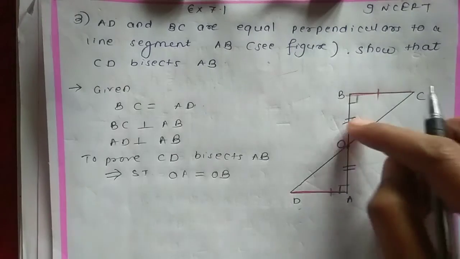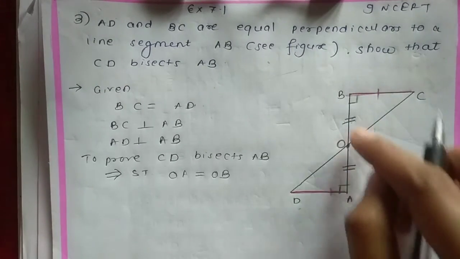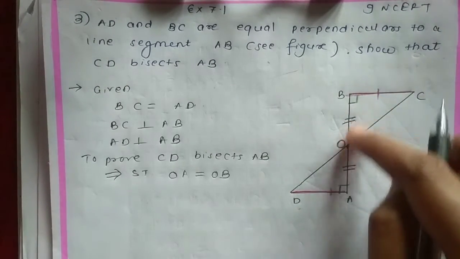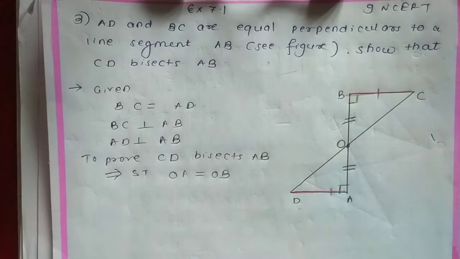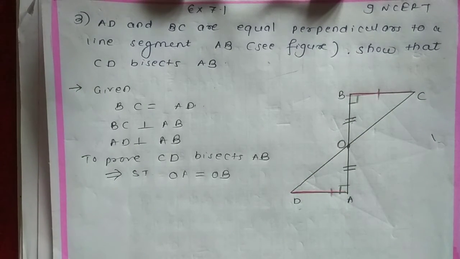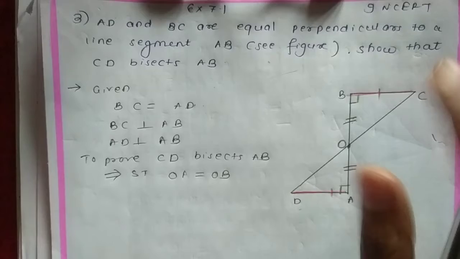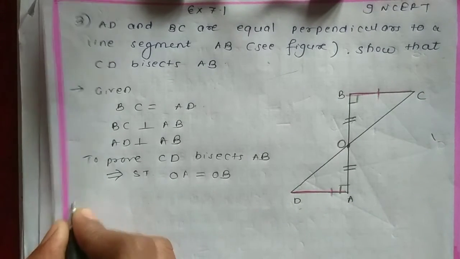Now we can see these two we have to show equal, and these are parts of two triangles, isn't it? OB and OA are parts of two triangles. When we prove that two triangles are congruent, then we can prove the corresponding parts are equal. So we know that here there are two triangles. We will start with the triangles.